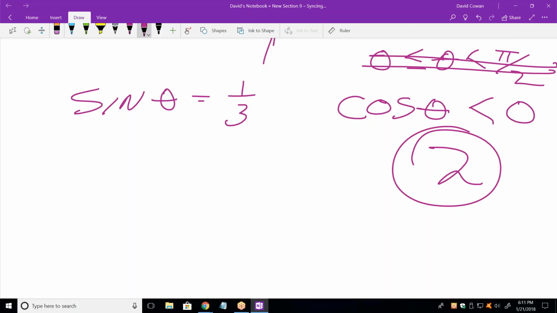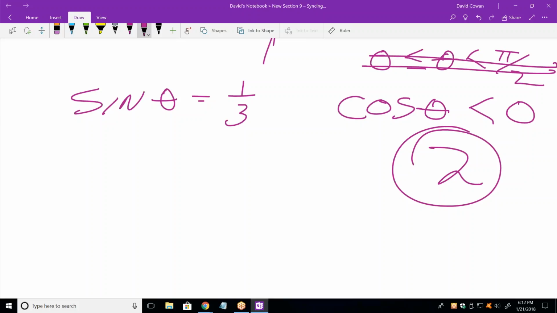It's not true in quadrant 1, quadrant 3, or quadrant 4. So when they give you 2 pieces of information, that tells you what quadrant we're in.